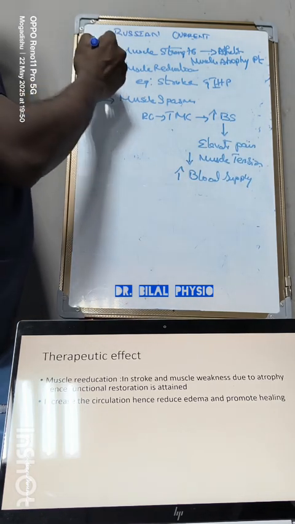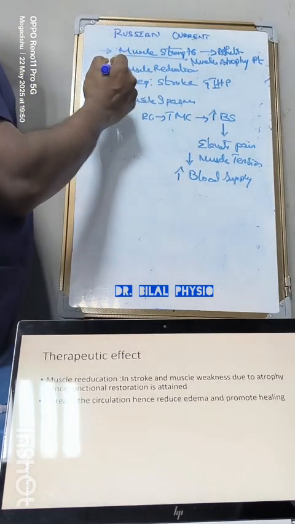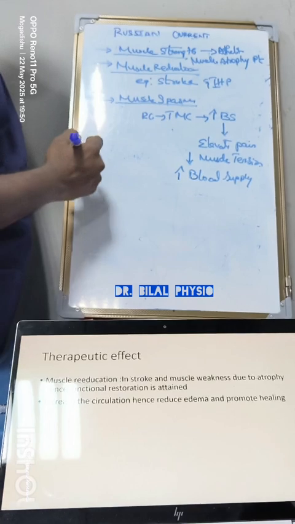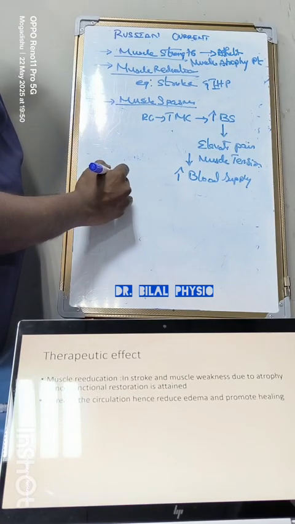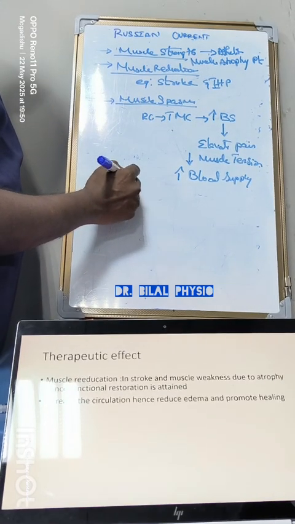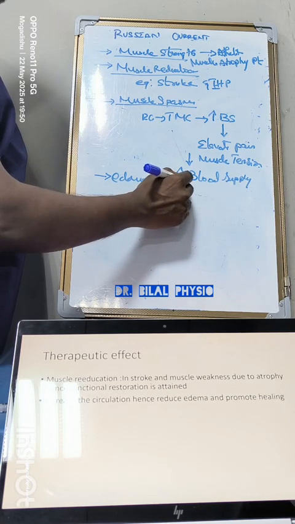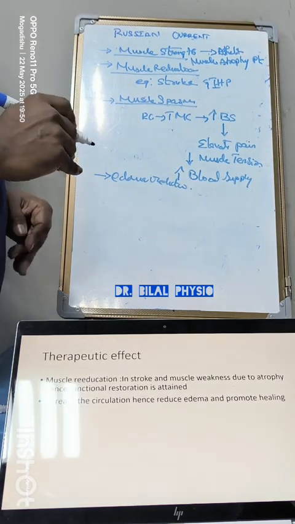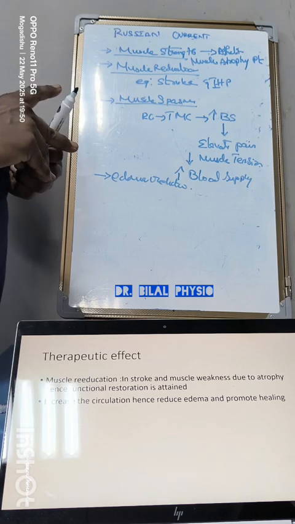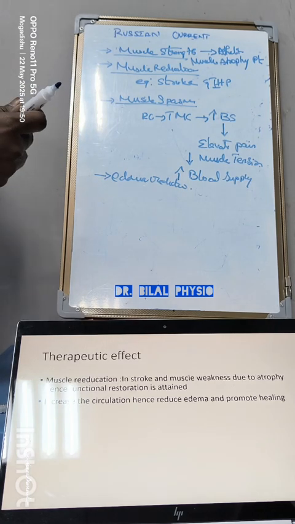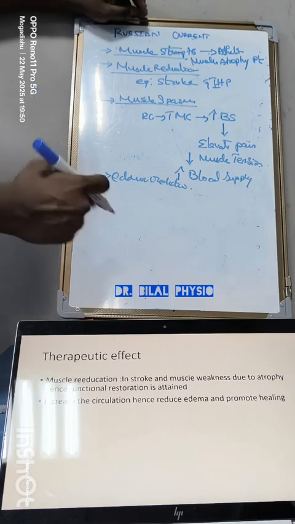So we can use it for muscle strengthening, muscle re-education purposes, muscle spasm, and for edema reduction. So these are all the therapeutic effects for the Russian current.